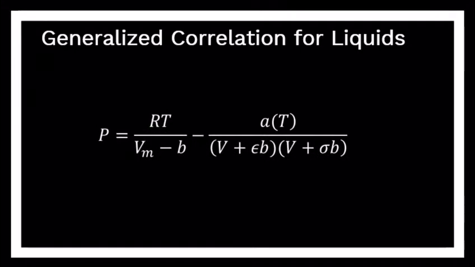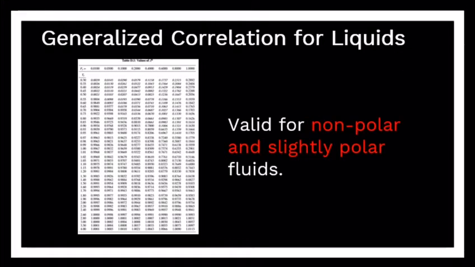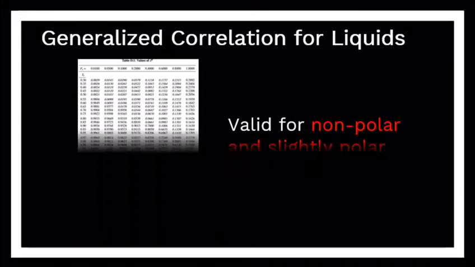The molar volume of liquids can be calculated by this equation. However, this equation is often not of high accuracy. Alternatively, we can use the Lee-Kesler correlation table, but this table is valid for nonpolar and slightly polar fluids.